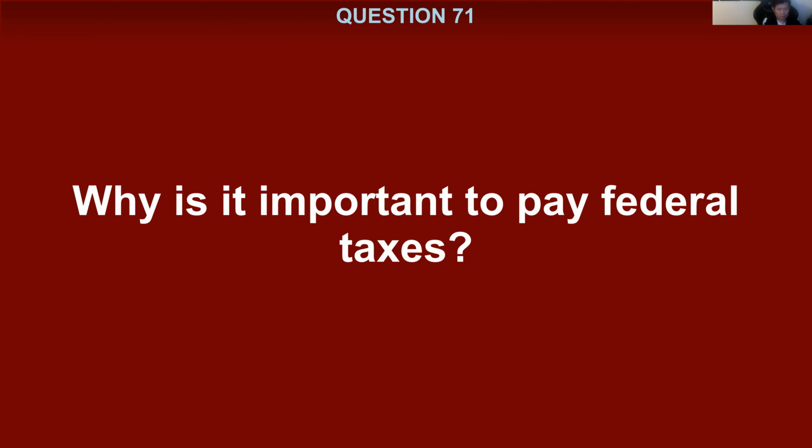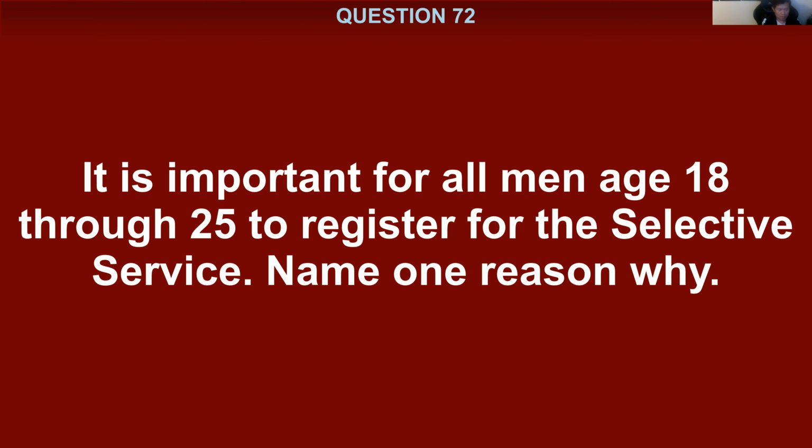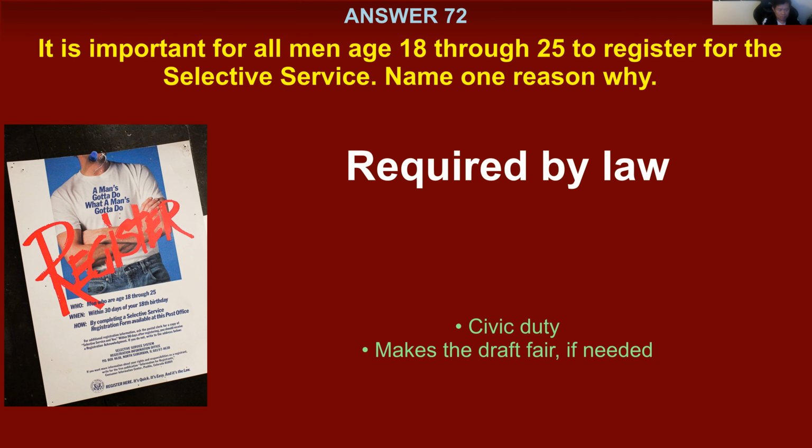Why is it important to pay federal taxes? Required by law. It is important for all men age 18 through 25 to register for the Selective Service. Name one reason why. Required by law.